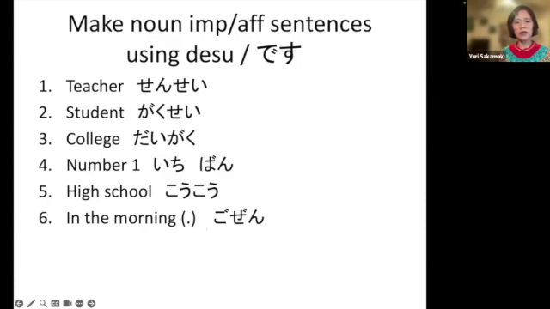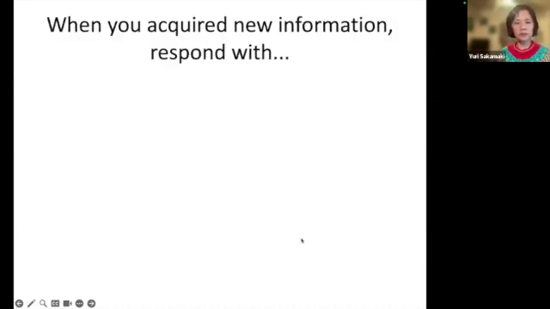Then you can say 午前です. Or maybe something is happening in the afternoon, like a class. 午後です. So if you knew a noun, and if you knew this will make that into a polite sentence, then you can make any noun sentences in imperfective and affirmative.